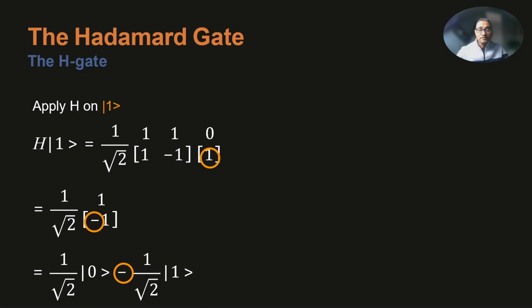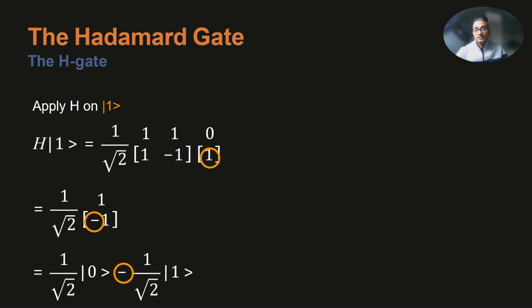Now, another fascinating point is that if we see the application of the Hadamard gate on state 1, you would find something very interesting. Here, if you do the same steps as we did while applying the Hadamard gate on state 0, you will find a negative sign appearing in the vector, which can be written as, instead of addition, subtraction.